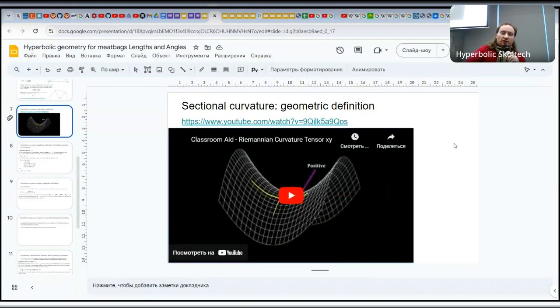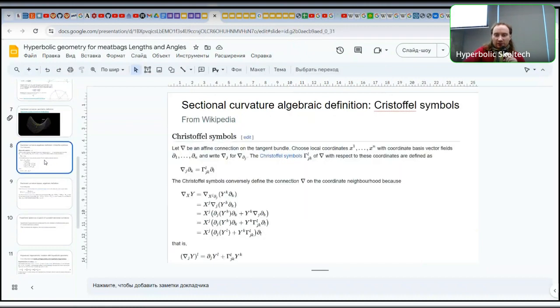Okay, so this was about curvature. This was the geometric idea behind it. You saw several differential equations defining this thing, and this is formally defined.